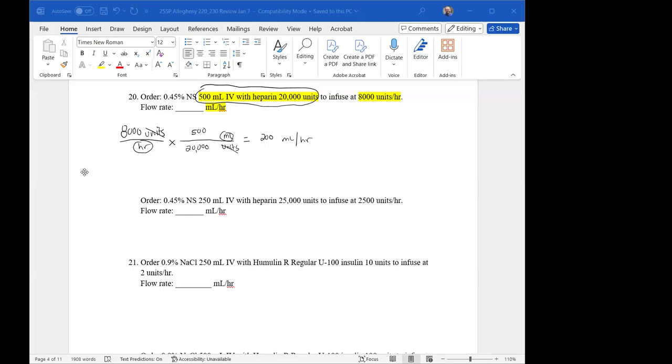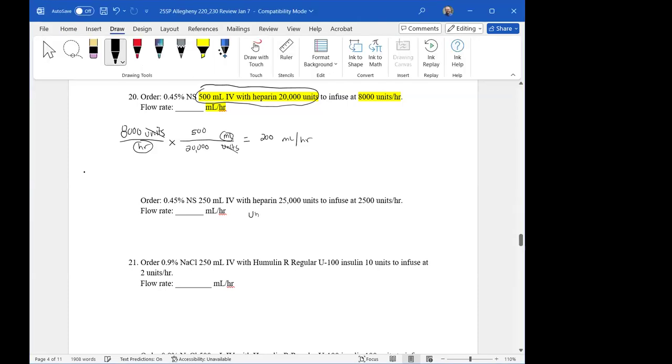So what this question is asking is it's asking you to go from units per hour and convert it to ml per hour. So it's just a conversion question. So if you're used to doing ordered over available, desired over have, that sort of formulation, these are going to be different. They're a little bit more challenging if that's where you're focused, because you really aren't doing anything with an order or an available.